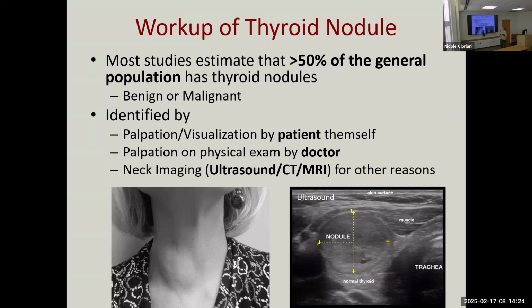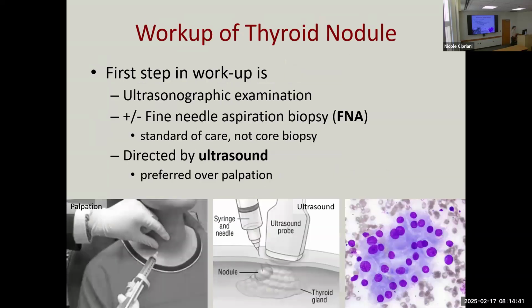So our prevalence of thyroid nodule identification is very high, probably not only because you can see it yourself, your doctor can manually palpate it on exam, or you can identify it on some kind of other medical imaging.